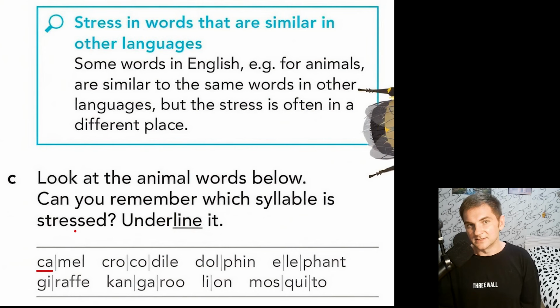Let's read this info box together. Stressing words that are similar in other languages. Some words in English, for example for animals, are similar to the same words in other languages, but the stress is often in a different place. So, for example, in Russian we say crocodile.